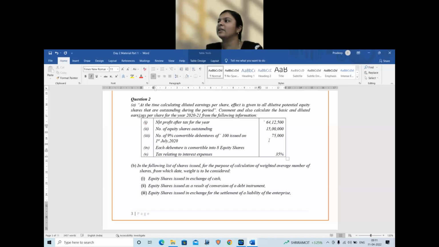What is the value that you got? 6 lakh 75,000 into 1 minus tax rate. But remember, 6,75,000 is wrong.